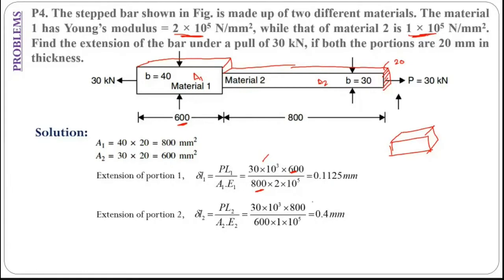Let me substitute that. We get around 0.4 mm. Now I have del L1 and del L2, so we will add them. Total del L is the addition of these two: 0.1125 plus 0.4. So the total deformation is 0.5125 mm.